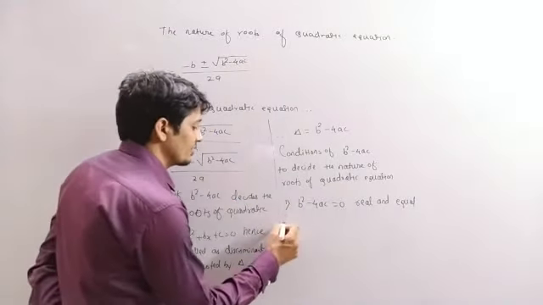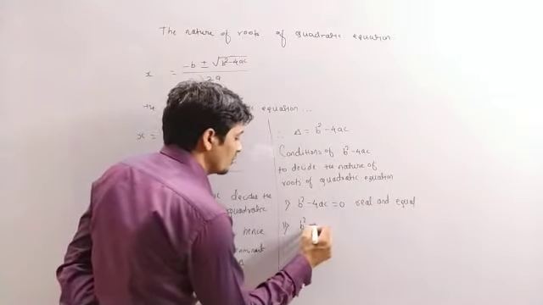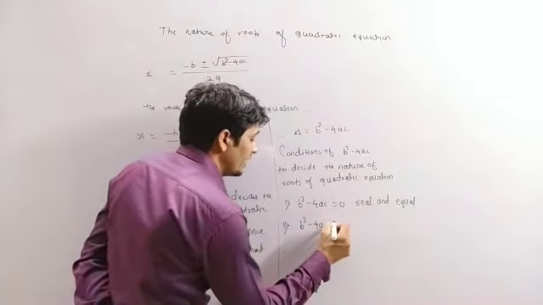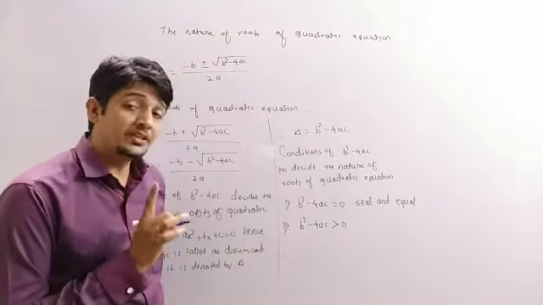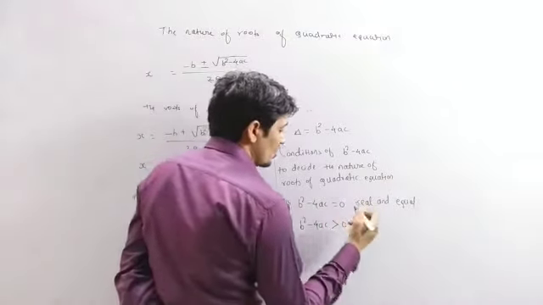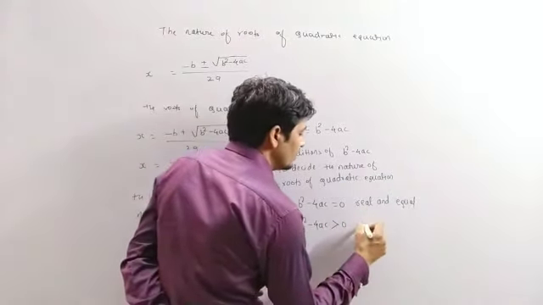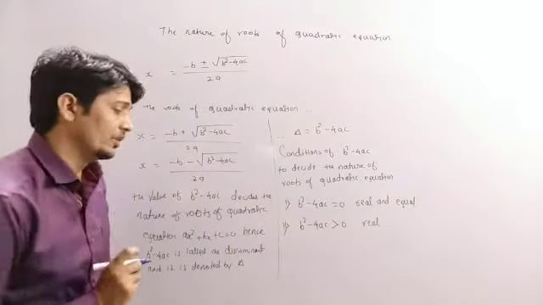Now the second condition. If the value of the discriminant b square minus 4ac is greater than 0, meaning the value comes out positive, then we will say the nature of the roots of the quadratic equation is real but not equal, it is real only.